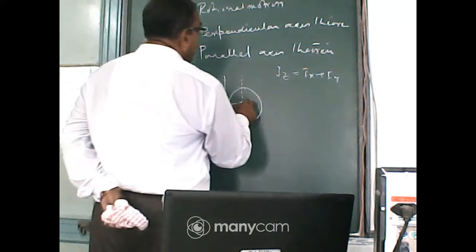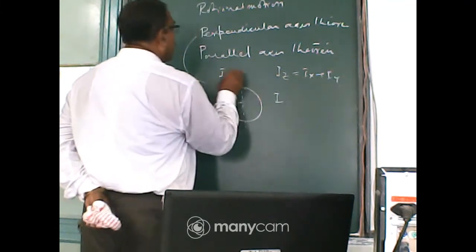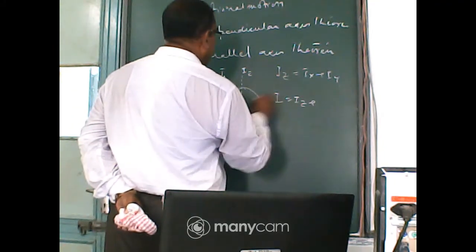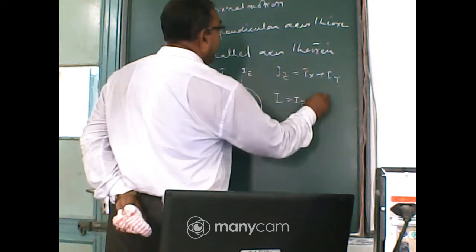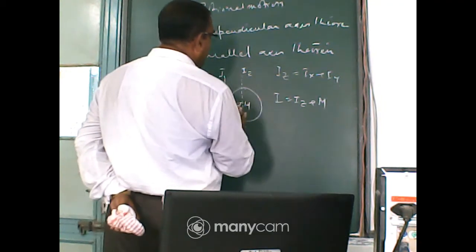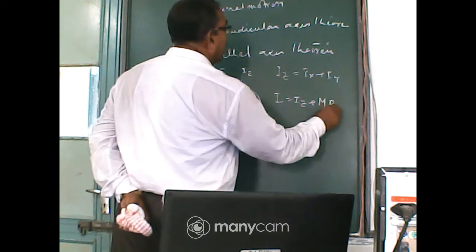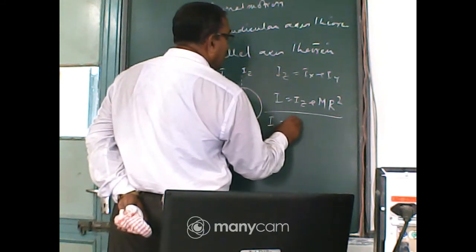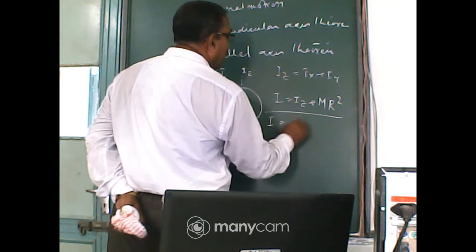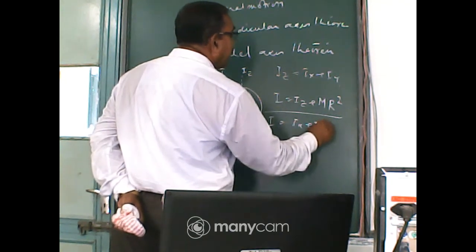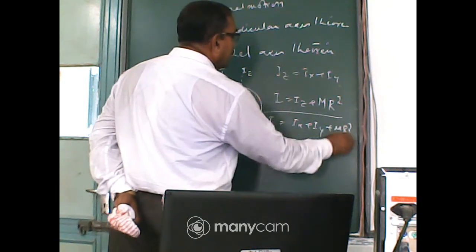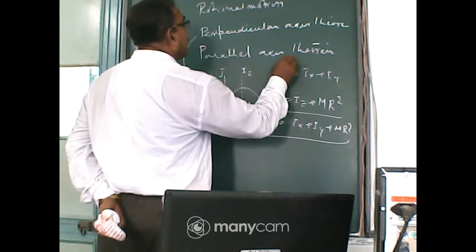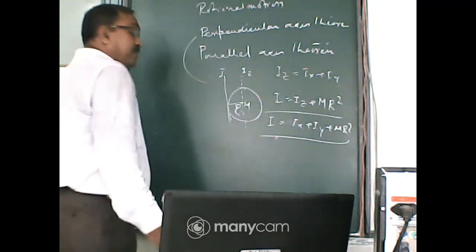I equals Iz plus m r square, where the mass m is concentrated at distance r. So I equals Ix plus Iy plus m r square. This is the parallel axis theorem, and that is the perpendicular axis theorem.